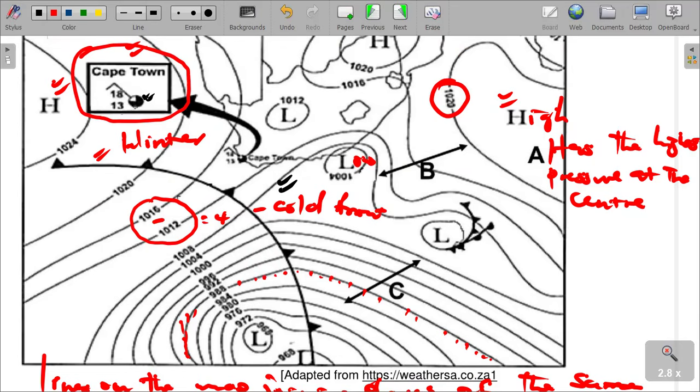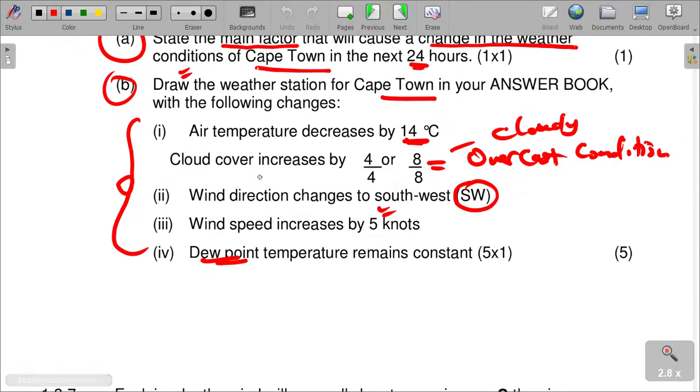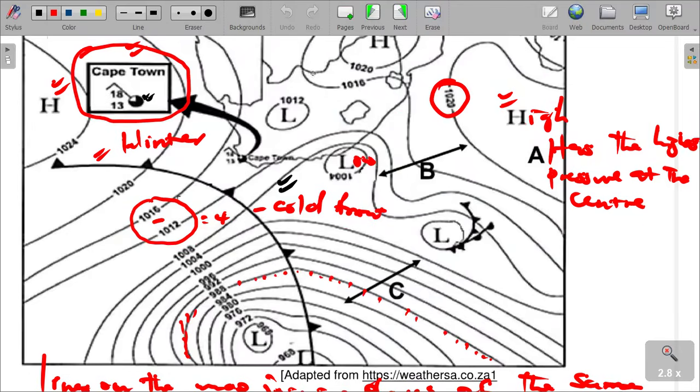And then we also have overcast conditions. We are given overcast, wind direction southwest, and the wind speed increases by 5 knots. It was 10, so it should be 15 as it increases by 5 knots.